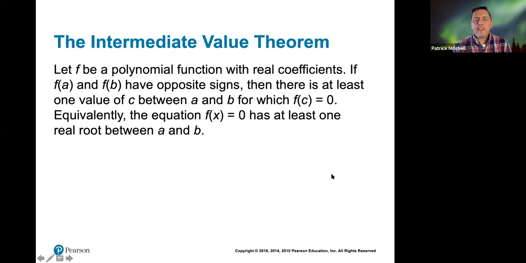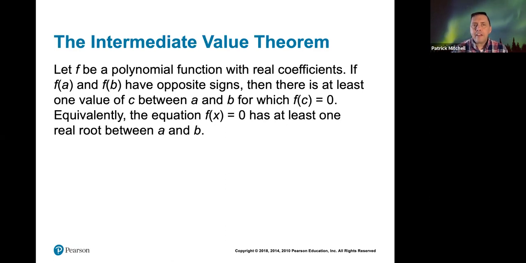All right, that brings us to the intermediate value theorem. This is yet another thing that sounds very complicated. Once you see a picture, it makes perfect sense. So it says, if f is a polynomial function with real coefficients, and f of a and f of b, so a and b are some numbers, have opposite signs. Now before I continue, remember that f of a and f of b are y values, okay?